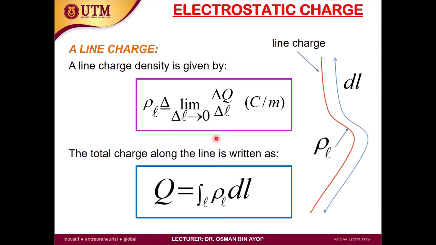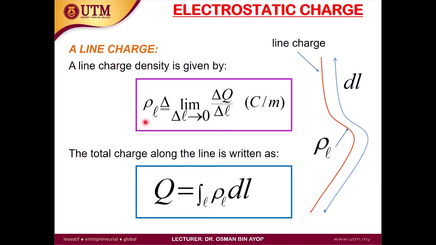So how do we define a line charge? Let's say the line contains a charge system with a uniform distribution. We can find the line charge density given by this expression.